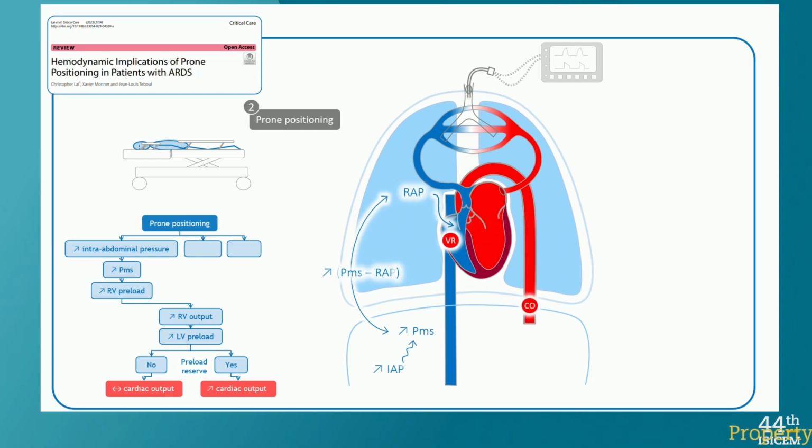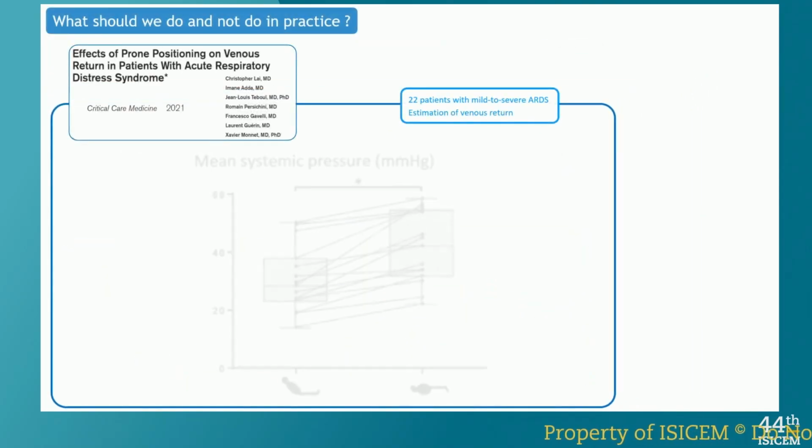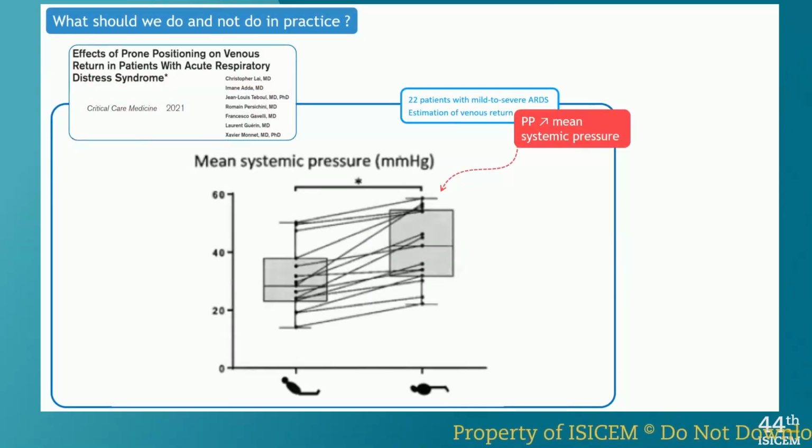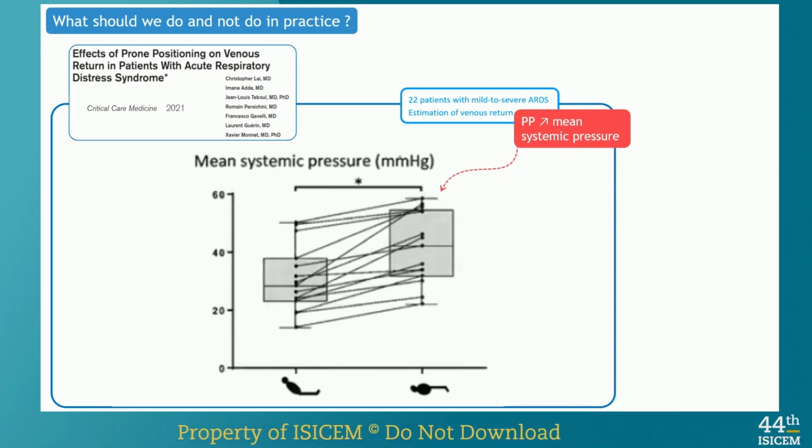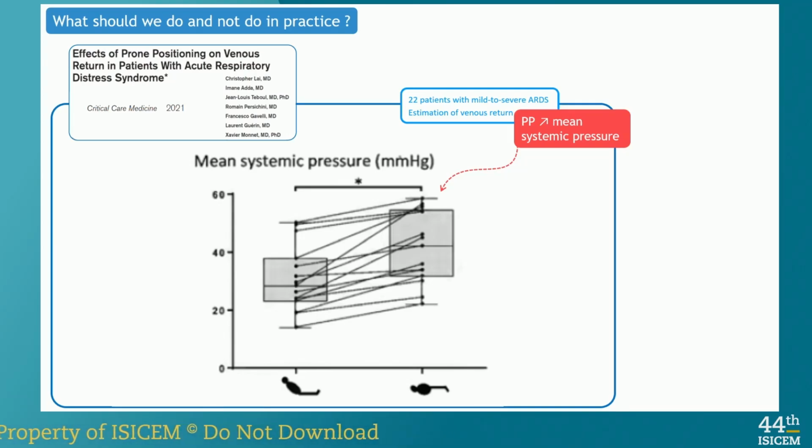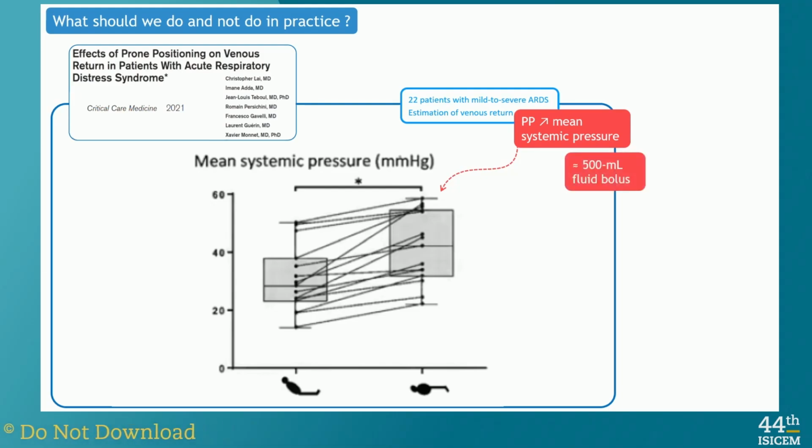And indeed, in this study with Christopher Lai, where we measured the mean systemic pressure, with the ventilator method described by Professor Pinsky years ago, we observed a significant increase in the mean systemic pressure during prone positioning. This is significant. It's the equivalent of the increase induced by a 500 milliliter fluid bolus. Prone positioning acts like a fluid bolus.